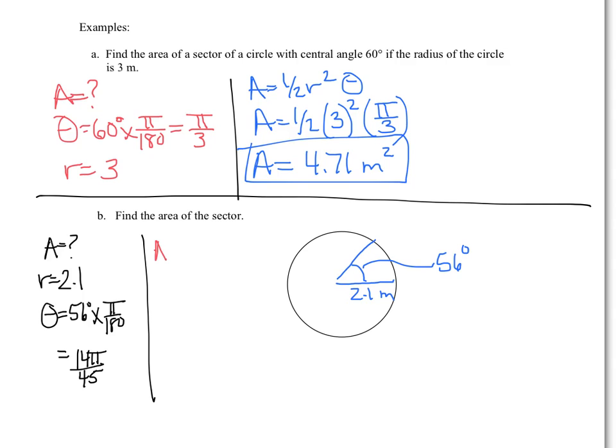So I'm going to get A equals 1/2 times 2.1 squared times 14 pi over 45. Again, you're going to enter it in your calculator just like you see it there, all in one step. So you should be getting approximately 1.16, and again my units were meters, it was area, so it's going to be squared. So it should be 1.16 meters squared.